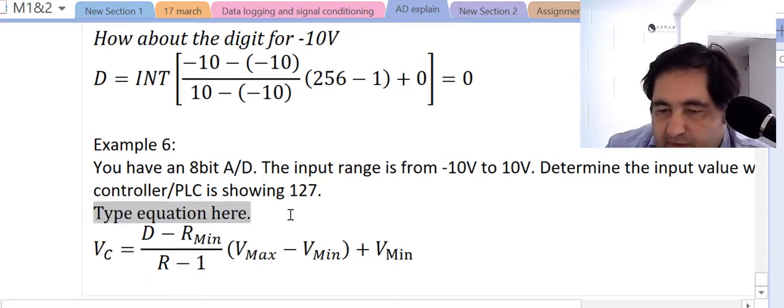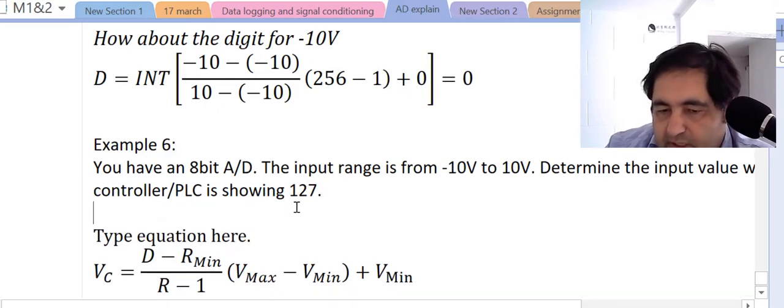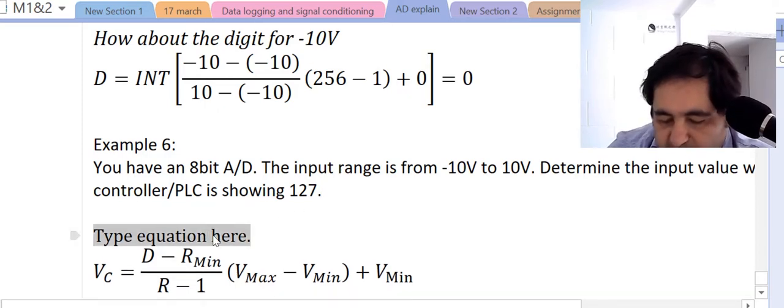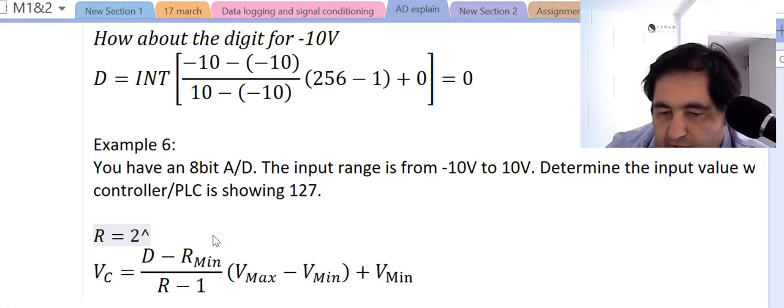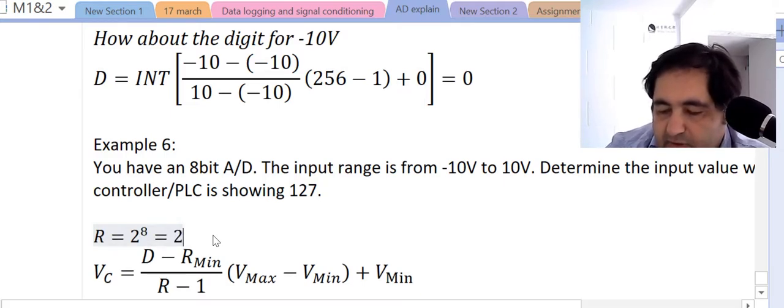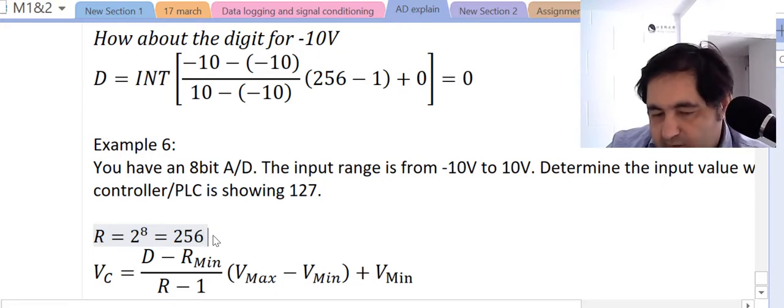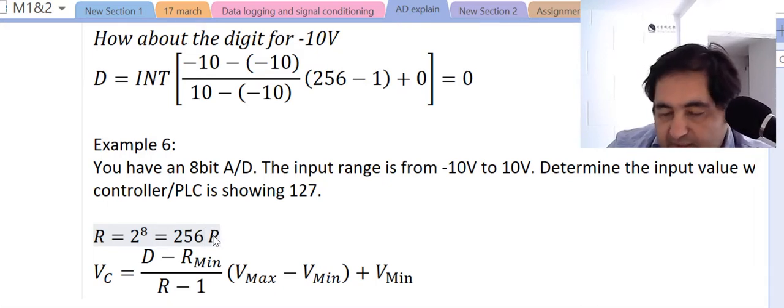So make sure that nothing is left, because I am of course relying on the previous question, but let's make this clear. R equals 2 power, well, it is 8-bit again, so it is making 256. And again, if nothing is mentioned, then R min is 0.